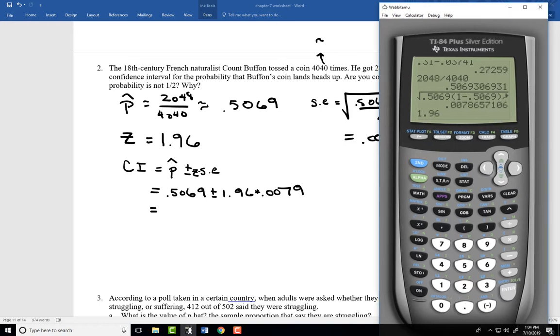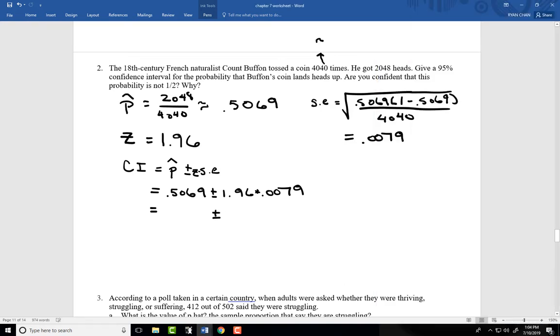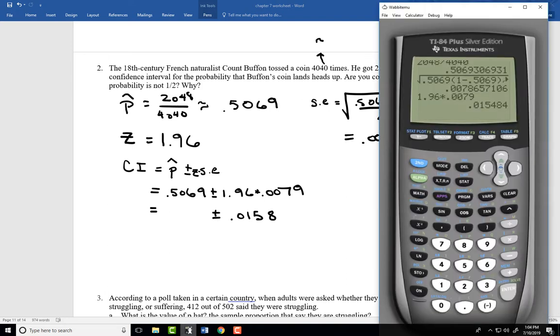We'll multiply it out. Since I'm rounding to 3, I can round to 4, so I'll go out to 0.0155. Sorry, was it 5.8 or 5?